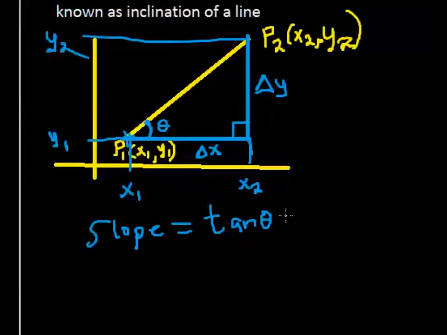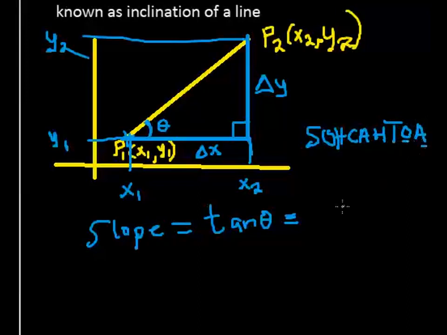In trigonometry, tan theta is always opposite over adjacent. Don't forget SOHCAHTOA. If you have forgotten your ratios, always remember this abbreviation. So tan is opposite over adjacent. The opposite of this right angle triangle is the change in y, and the adjacent is the change in x.